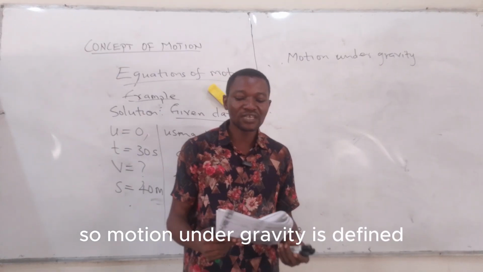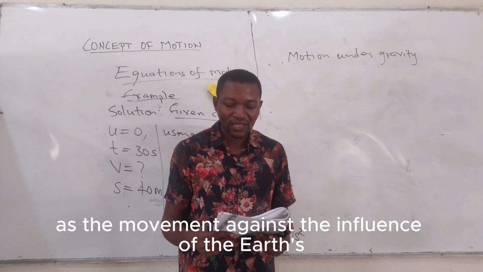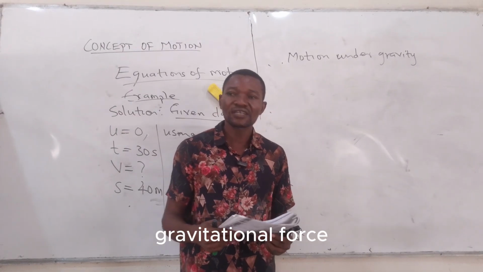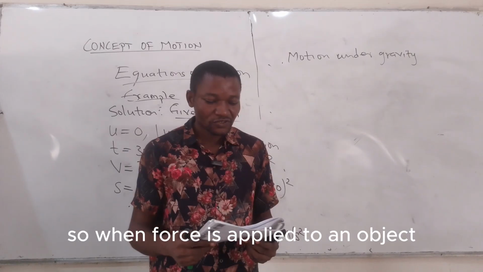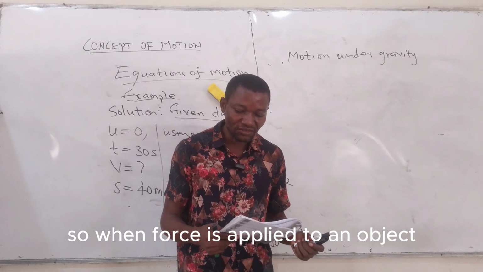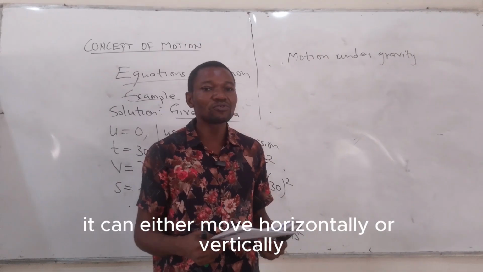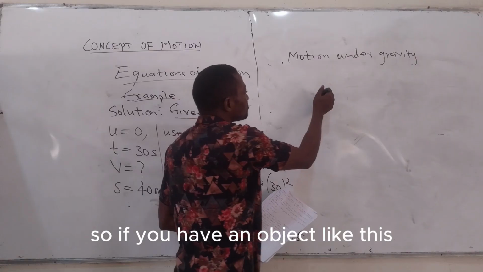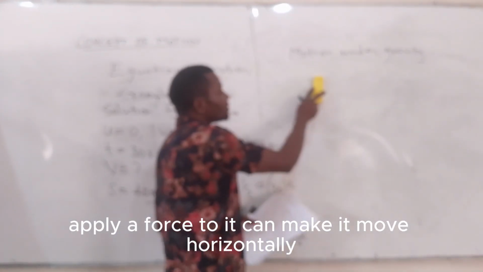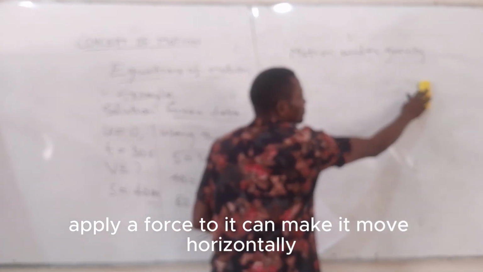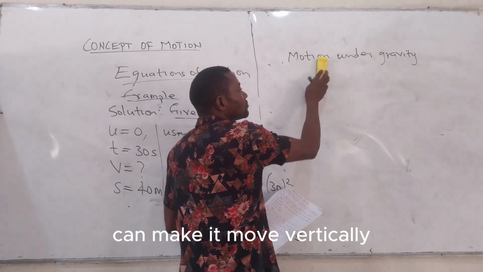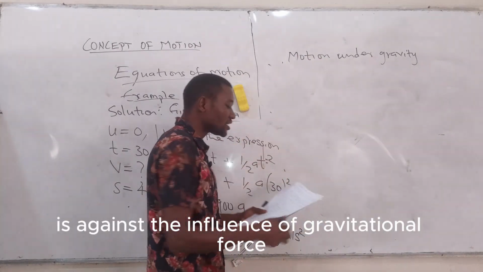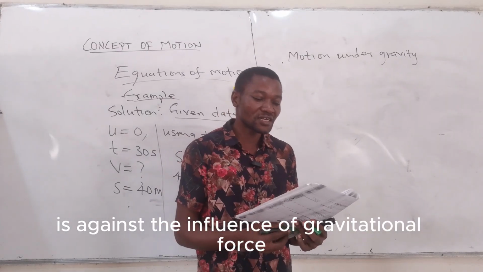So motion under gravity is defined as the movement against the influence of the Earth's gravitational force. So when force is applied to an object, it can either move horizontally or vertically. So if you have an object like this, apply a force to it, it can move horizontally, it can move vertically. And when it's moving vertically, it's against the influence of gravitational force.